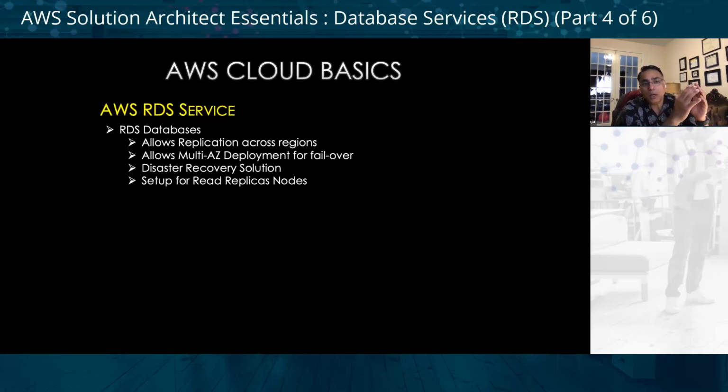Anyhow, with the RDS, you can have a multi-AZ deployment for failover. So in case one of the instances goes down in one of the AZs, you can still fall back to the other AZ. And you don't have to worry about it because it automatically switches over. You can also promote one instance of a database to pick up as the production.